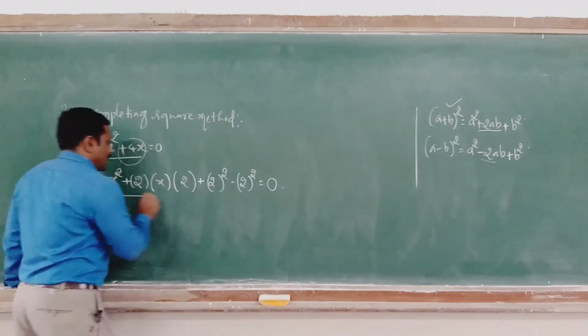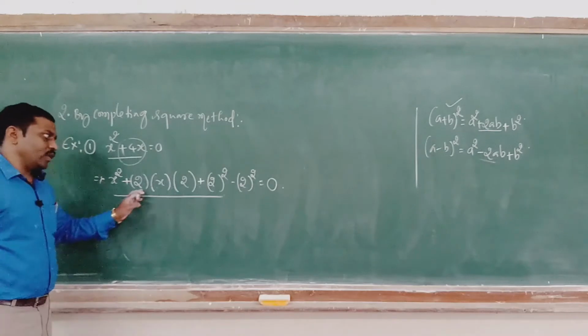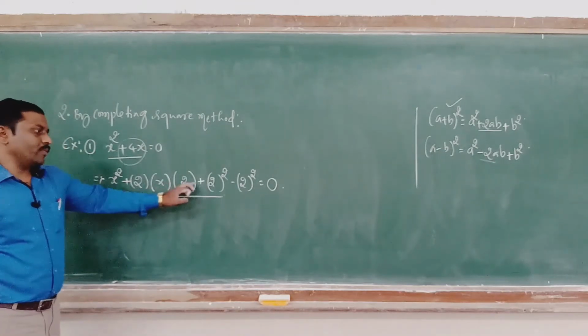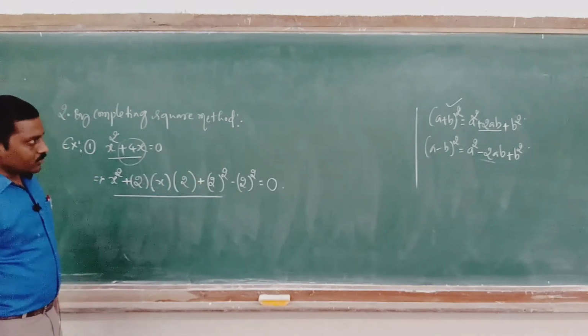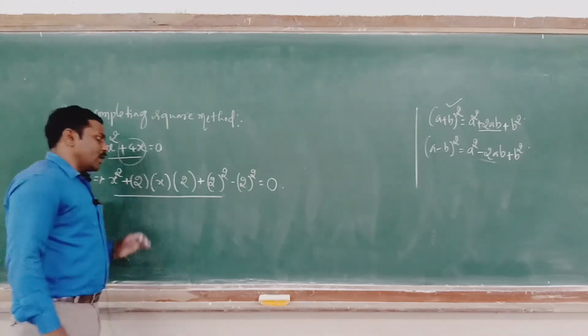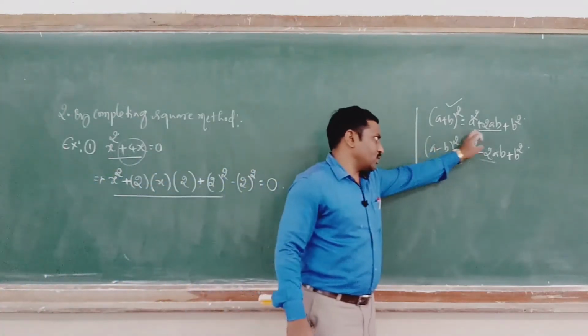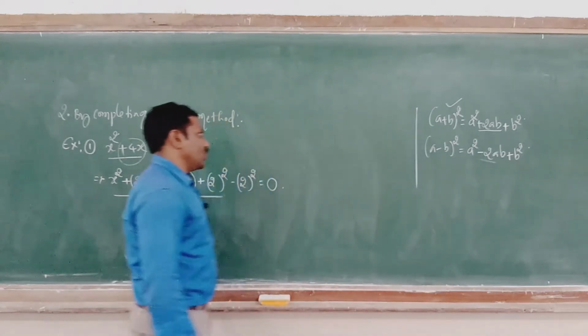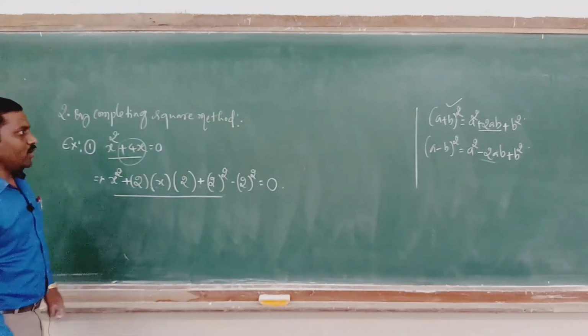So looking at it, x square plus 2 into x into 2 plus 2 square will be converted as a square plus 2ab plus b square. So a square plus 2ab plus b square formula is (a plus b) whole square.